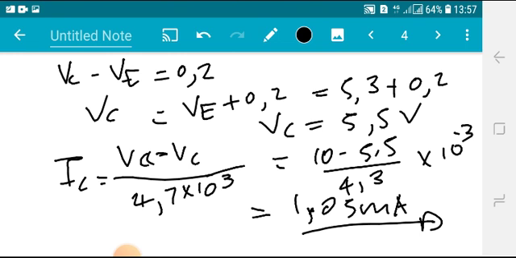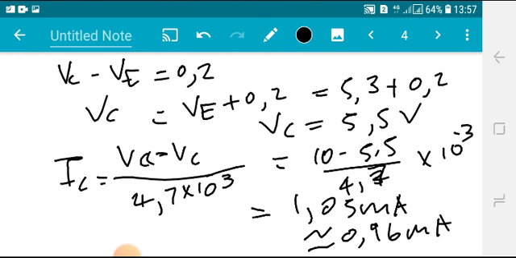Oops, my bad. I actually made a mistake here. It should be minus 4.7, not minus 4.3. My apologies for that. So in truth, it should be approximately 0.96 milliamps. A small error there, and that's basically it.